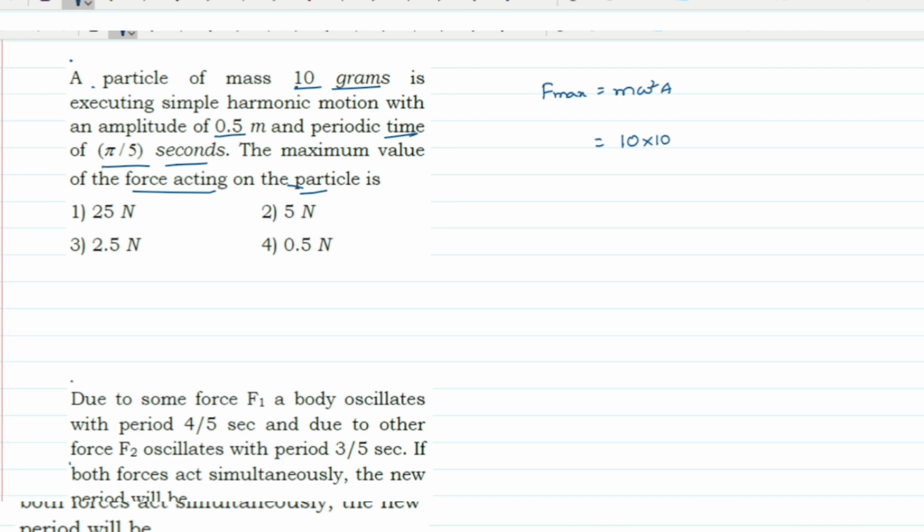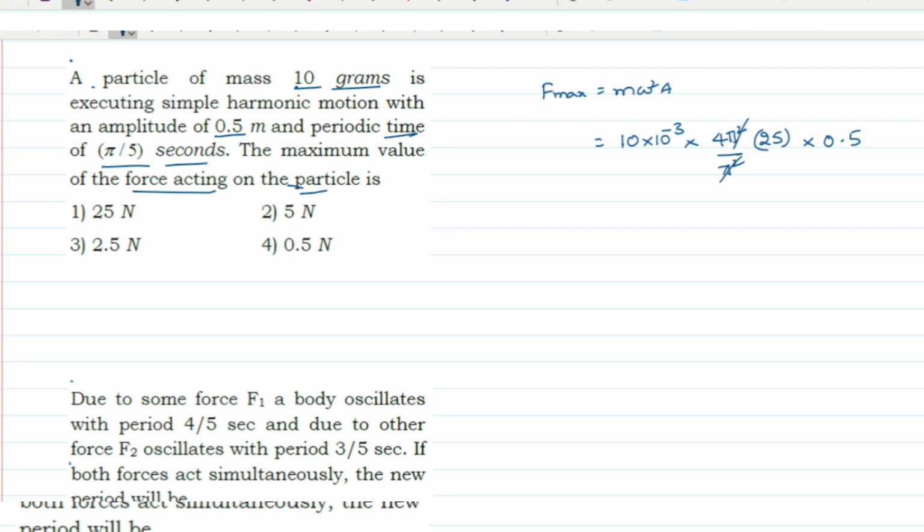10 into 10 power minus 3 kg, since 1 gram equals 10 power minus 3 kg, into omega, which is 2 pi by T whole square, that is 4 pi square by T square. T square is pi by 5 squared, pi square by 25, into 0.5, which is the amplitude.